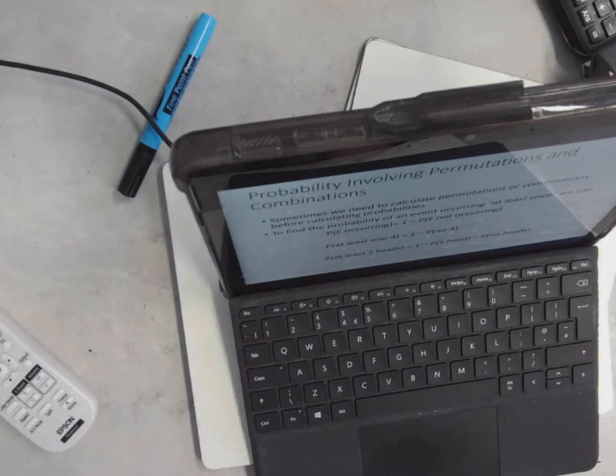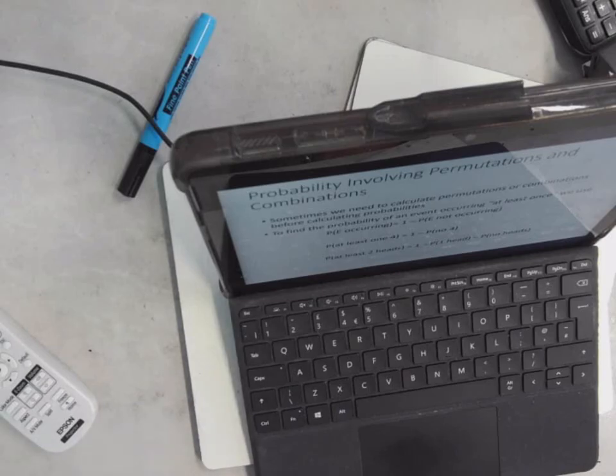Probability involving permutations and combinations. There's nothing new here. We've learnt about permutations, how many different ways you can arrange stuff, when the A has to be first and the E has to be last, and how many numbers greater than 8,000 you can make out of these 5 numbers.